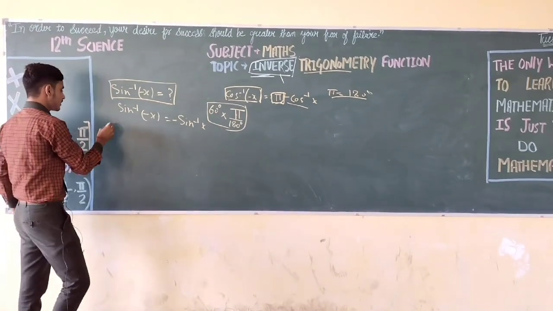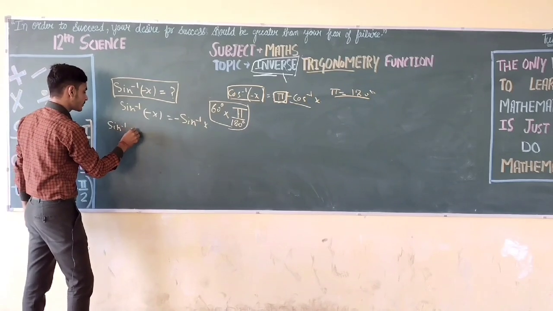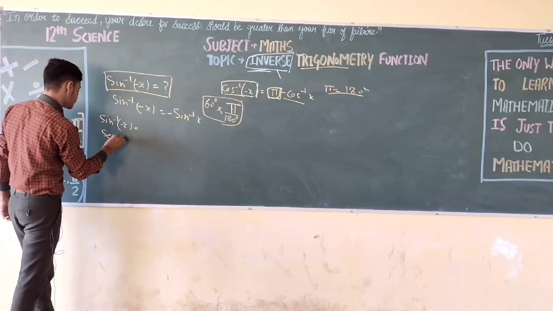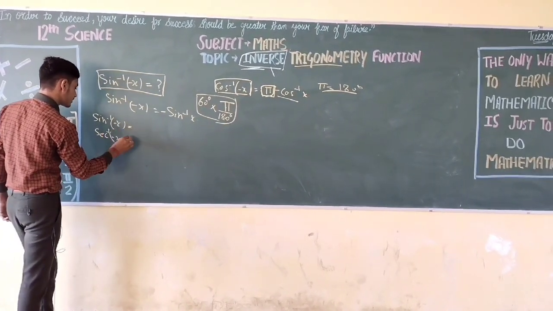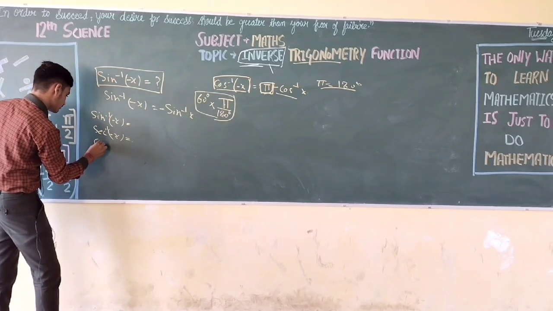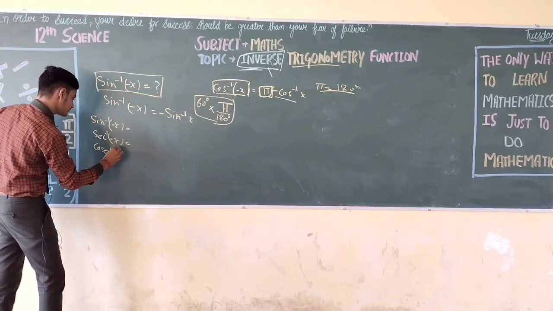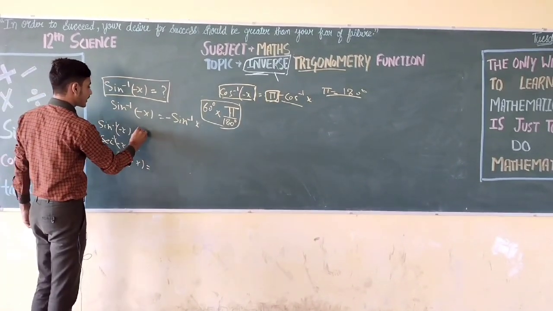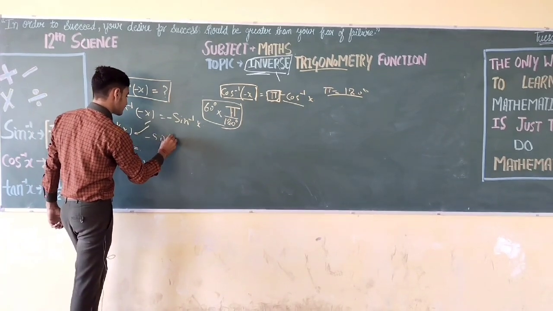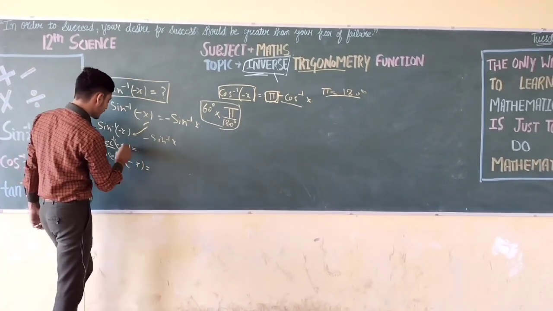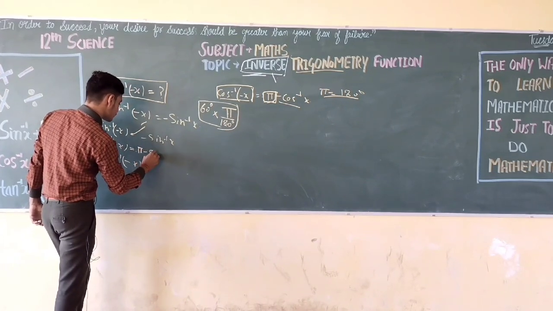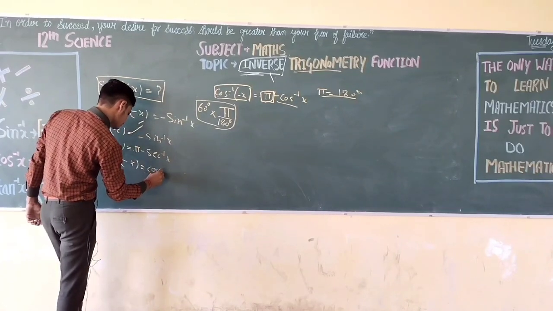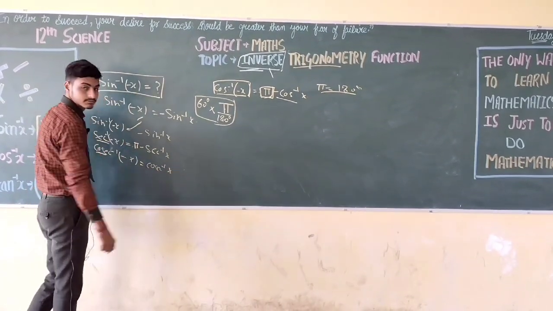Let's have other properties. The sine inverse minus x property, secant inverse, cosecant inverse, minus x. We have read about this: it becomes minus sine inverse x, and secant inverse becomes pi minus secant inverse x, and the cosecant becomes minus cosecant inverse x.